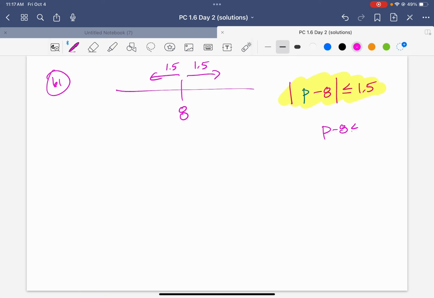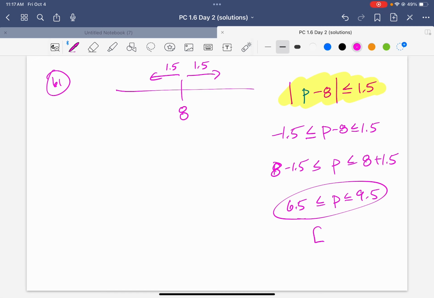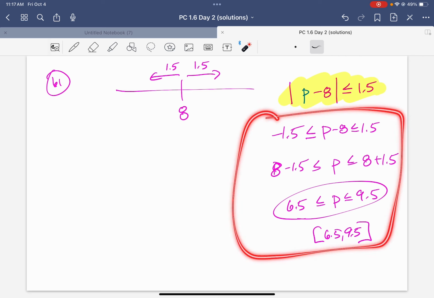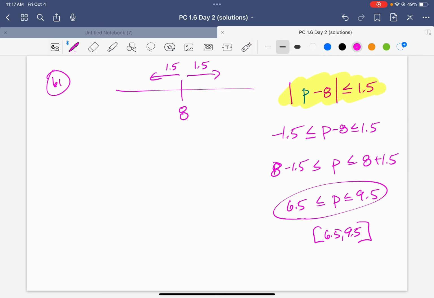But just to make sure we understand it, if this thing is jammed in between 1.5 and negative 1.5, then p is jammed in between 8 plus 1.5 and 8 minus 1.5. So that means p is between 9.5 and 6.5. Again, your answer to this question just has to write it in absolute value, and that's it, but hopefully this helps you to understand it a little bit more.